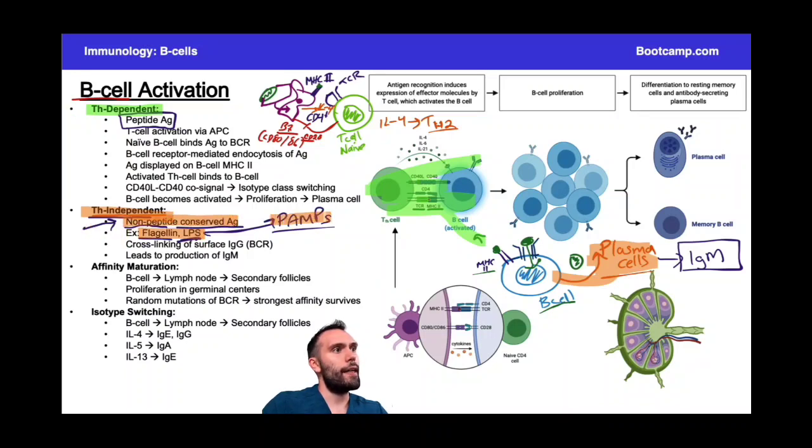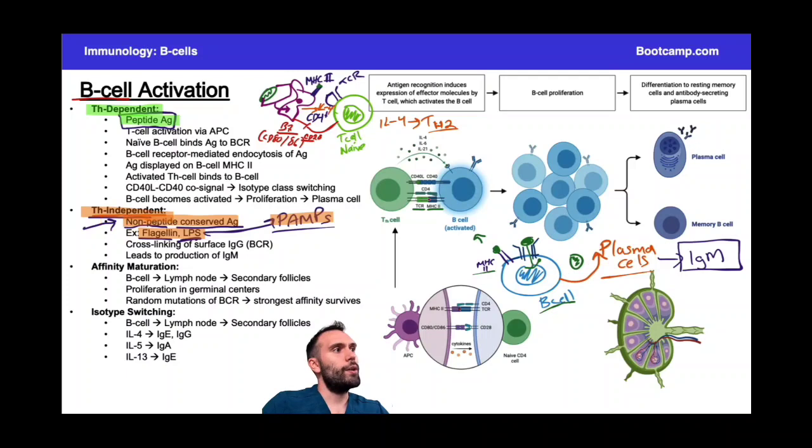Our pathogen-associated molecular patterns are very classically going to fit into this category, things that are non-peptide based, and not all of them necessarily fit into that category, but that's one way to think about it. Or is it going to be a peptide antigen? If it's a peptide antigen, it's most likely going to go down this route. Now, some peptide antigens will also kind of just generate an IgM response, okay? But more or less, the way that you want to think about it is the way that we have it kind of listed here. Now, let's just clean this up for a second.